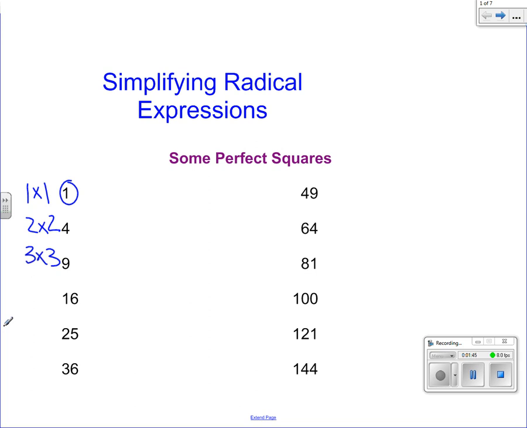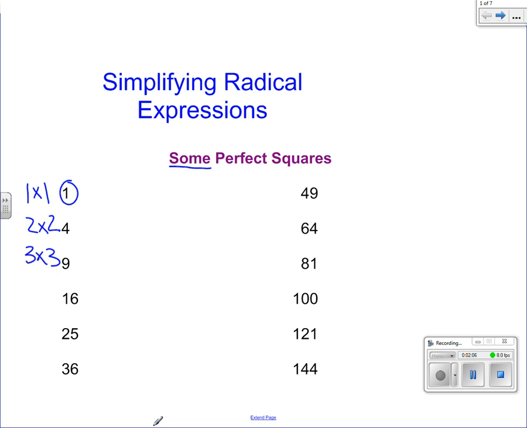Before we go any further, I have one more note to say about these perfect squares. Notice the word some. I have only listed the first 12 perfect squares, but there are many, many more. Infinite perfect squares. There's no way to list them.